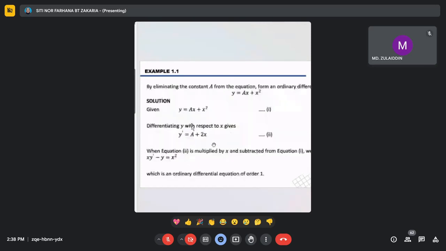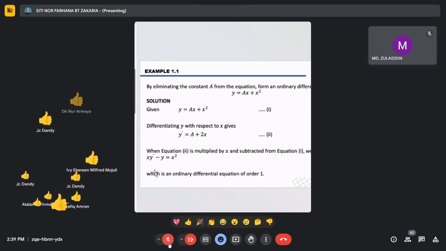In this question, you have one arbitrary constant, so you need to differentiate once. After you differentiate once, you will get y prime equals a plus 2x, right? So this is your differential equation. Faham tak? Okay. Easy, right?